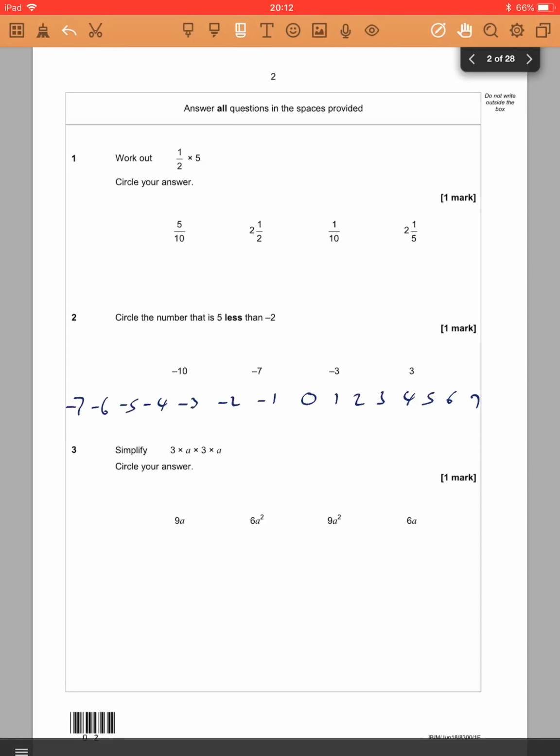Okay, so question 1. Work out 1/2 multiplied by 5. So we want 5 halves here. Now, if you're not sure of the answer, if you can't add up 5 halves, you could draw some diagrams to help. So if we looked at 1/1, here's a bar to represent 1/1. Well, how many halves are there in 1/1? There's 2 halves. So there's 1/2, there's another half.